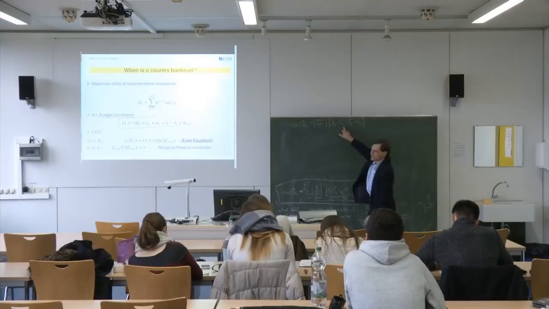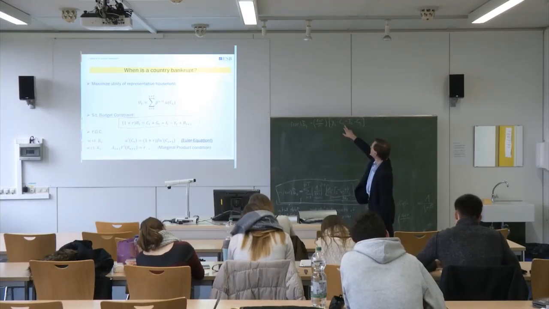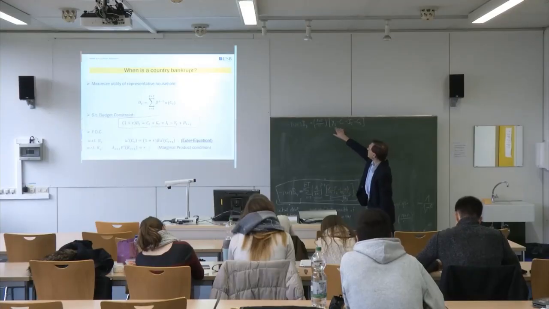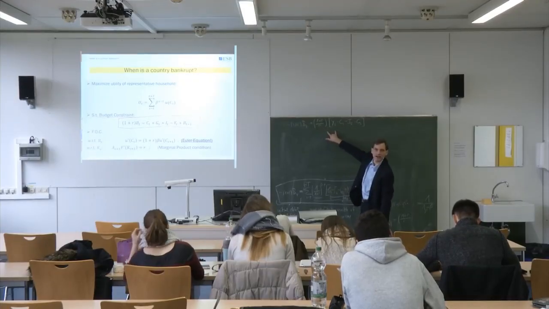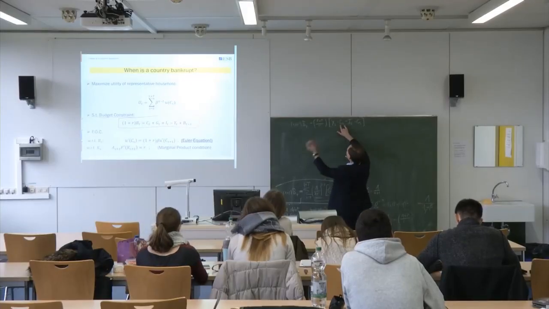What I'm going to do next is I factor out, I bring the consumption level in period S on the left-hand side. Yeah? So I move the consumption on the left-hand side, so I have to multiply what is here in front inside the bracket, and then I move this on the other side.